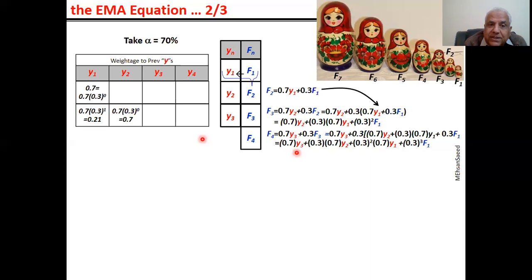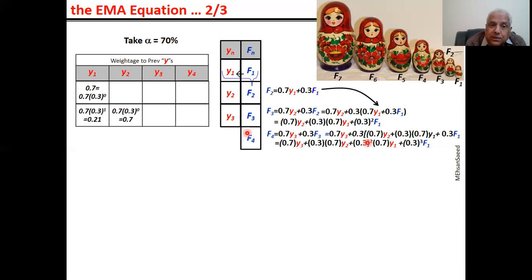Y3 is the latest, 70% weightage. The weightage given to Y2 is 0.3 multiplied by 0.7. And weightage given to Y1, the earliest, is 0.3 raised to the power 2.